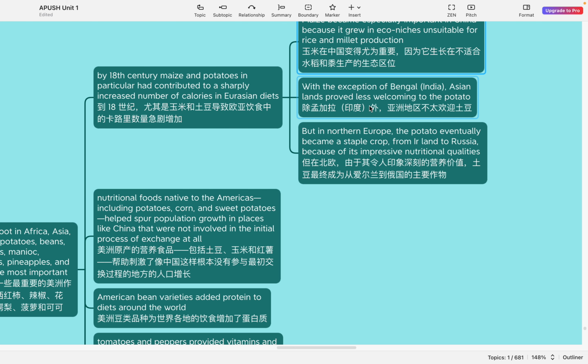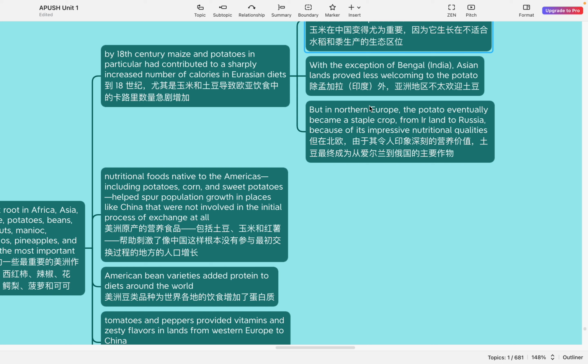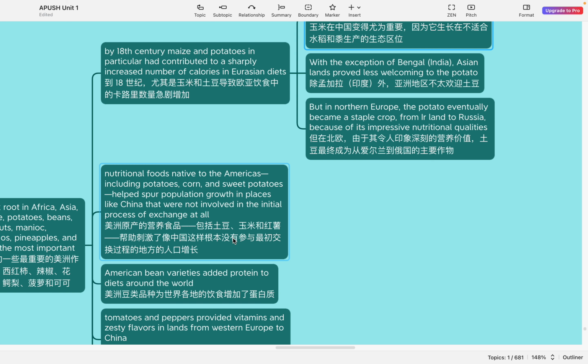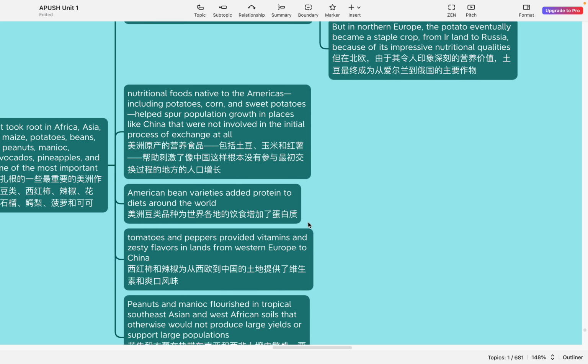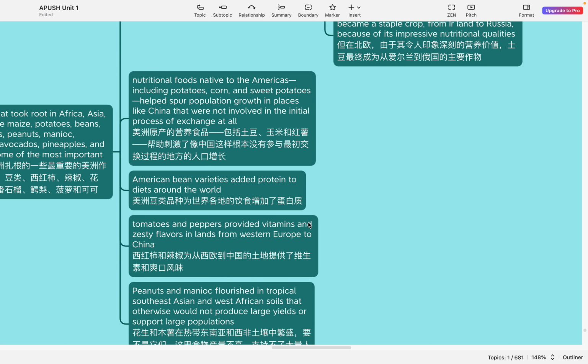Potato arrived like an energy bomb in Europe and Africa, becoming an important staple food and boosting population growth. These crops were the MVPs of the global diet revolution.